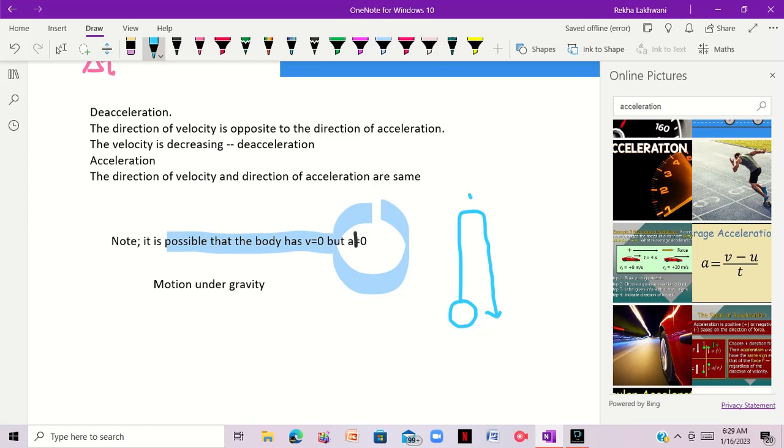It means here the velocity is equal to 0, but we know that the acceleration is acting downward, right? Acceleration is downward. And what is gravity? Gravity is acting over here, right? And gravity is actually the acceleration.